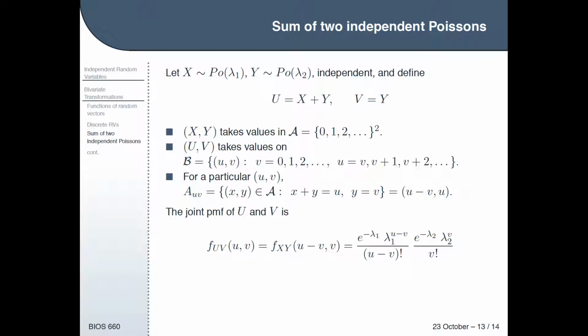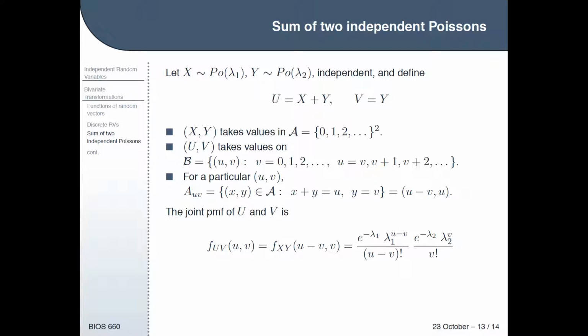So then we use the formula on the previous slide to get the joint PMF of u and v. All we have to do is substitute (u minus v, u) into the joint PMF of x and y. And since x and y are independent, that's just the product of the marginals.